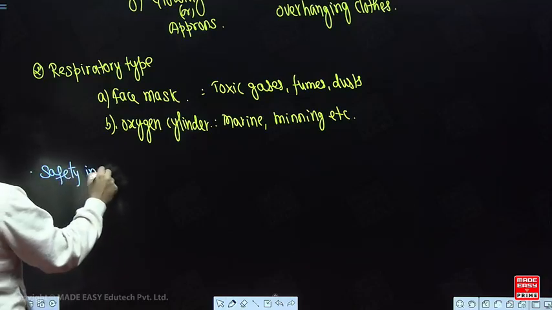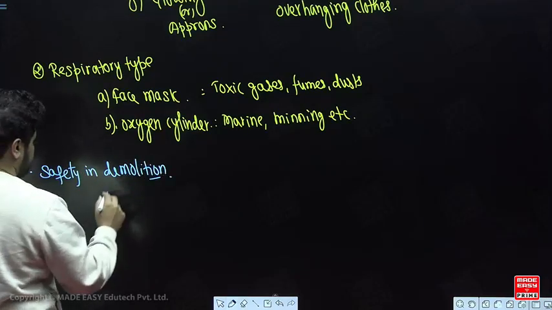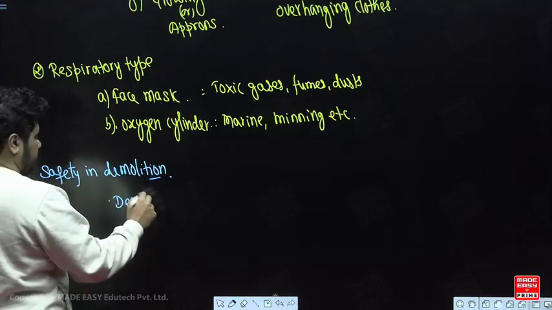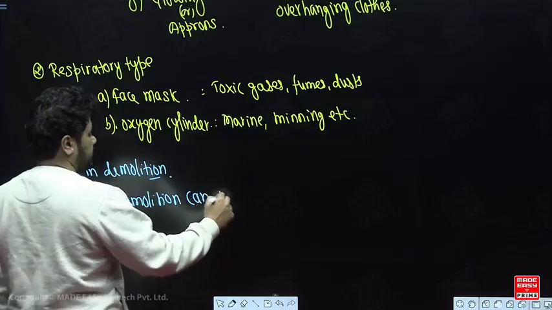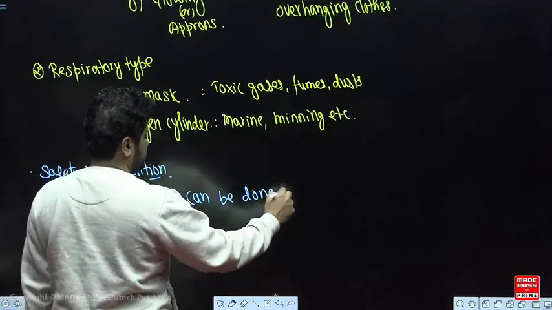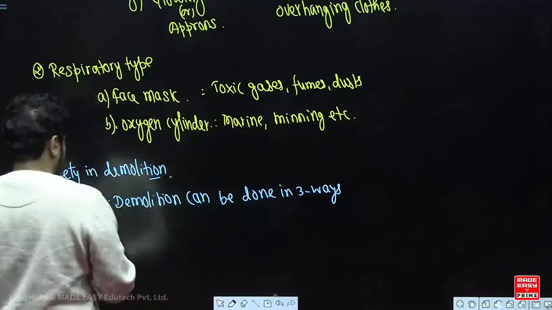Safety in demolition, correct. Demolition can be done in three ways, तीन तरीके से कोई भी बिल्डिंग या फिर किसी स्ट्रक्चर को तोड़ा जा सकता है.